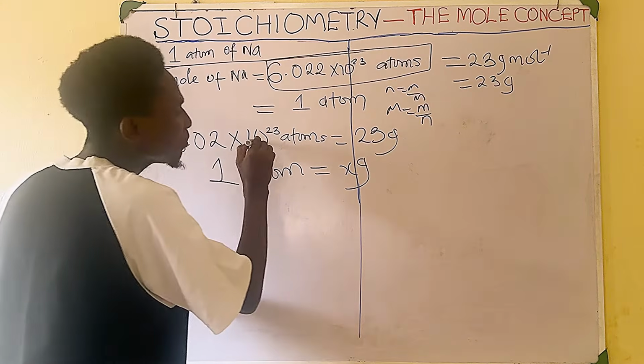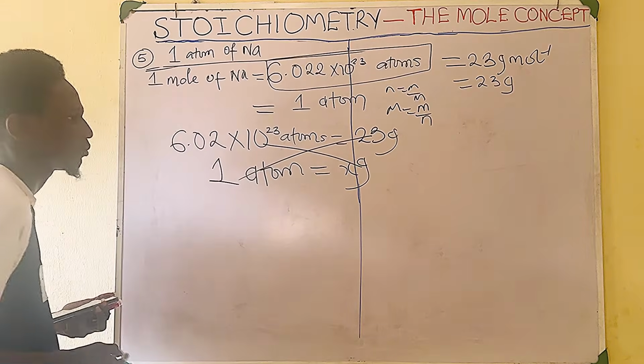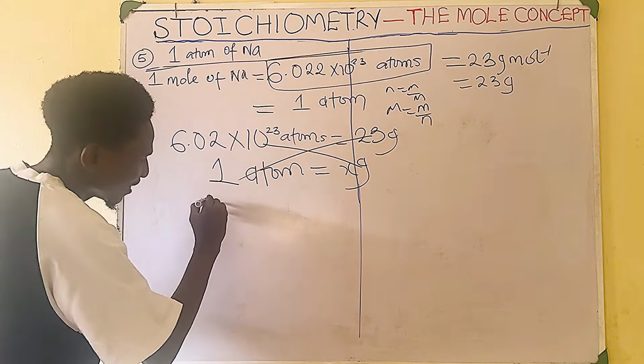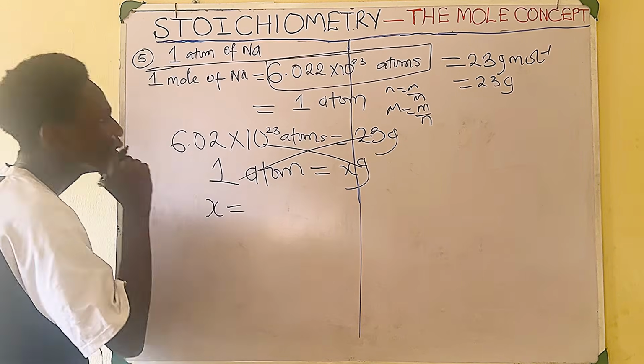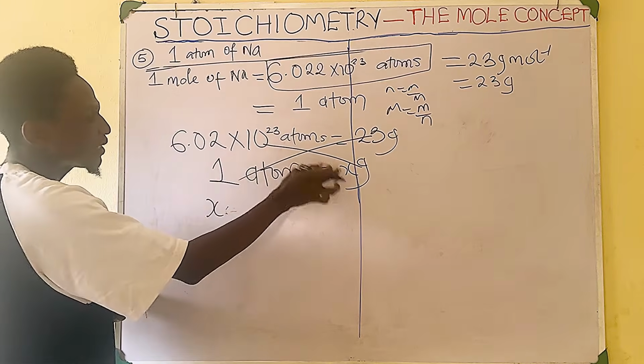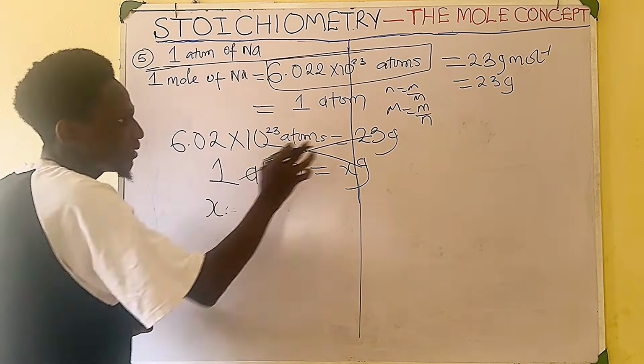Now, for my relationship method, I'm going to relate them. If you didn't follow through, please rewind. I have X times this, then I have 1 times 23.